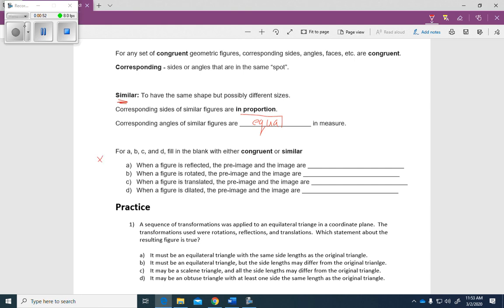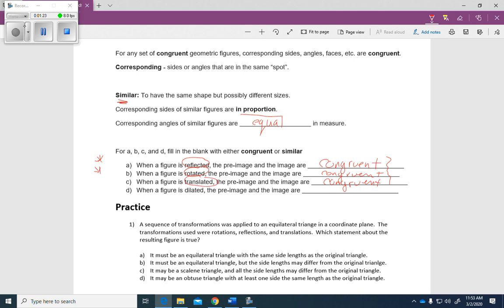So even more importantly for your test is A, B, C, and D. When a figure is reflected, we get congruent figures. When it's rotated, they're congruent. And when it's translated, they're congruent. So these three types of transformations, reflections, rotations, and translations, always create congruent figures.